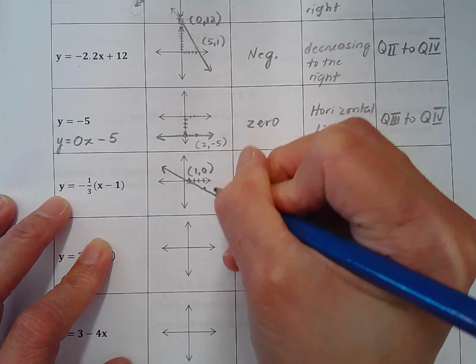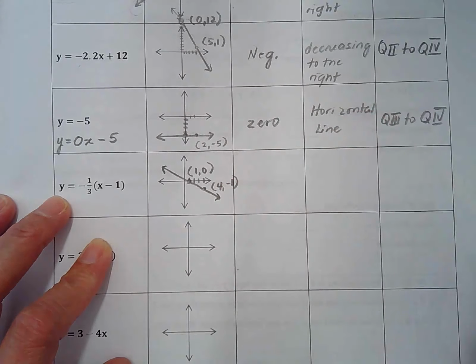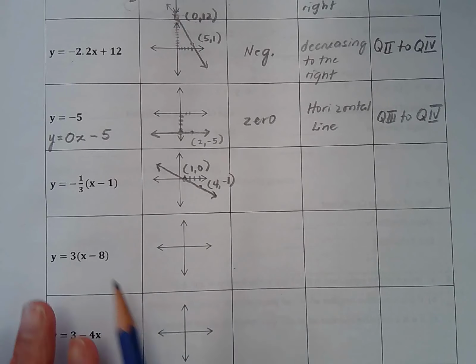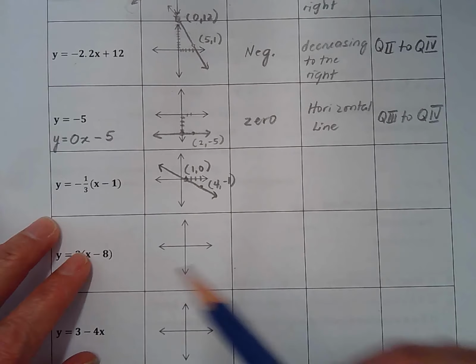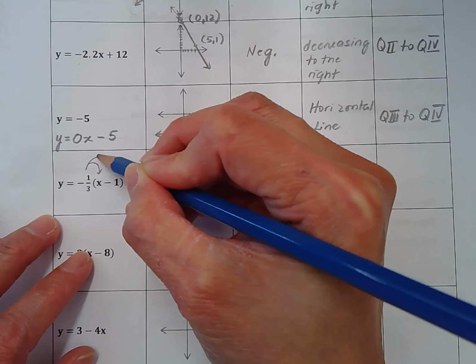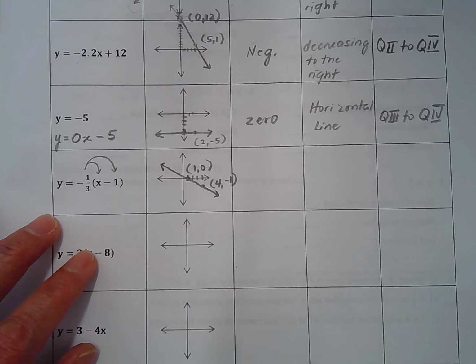You got 1, 0, and then you got the 4, negative 1 right there. Okay, good. Now you're probably thinking, why is that, right? Maybe some of you have heard of multiplying in. Multiplying polynomials.